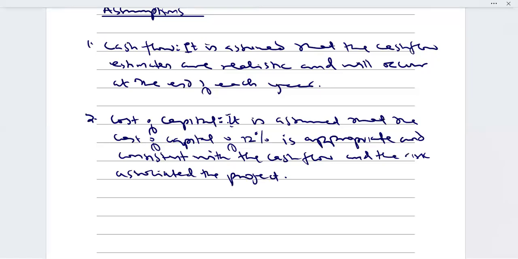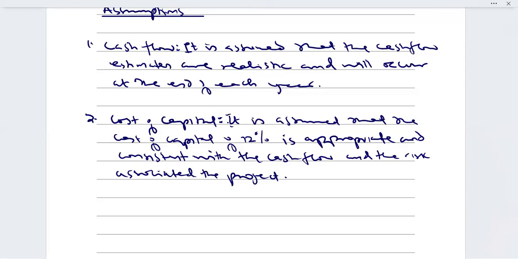When I was explaining the concept last time, I gave you a general rule that you must apply in relation to inflation: money cost of capital for money cash flow, real cost of capital for real cash flow. The cash flows given to us in the question are real cash flows, so we converted them to money cash flows. So you must use a cost of capital that is consistent with the cash flow. And that's what we have done.